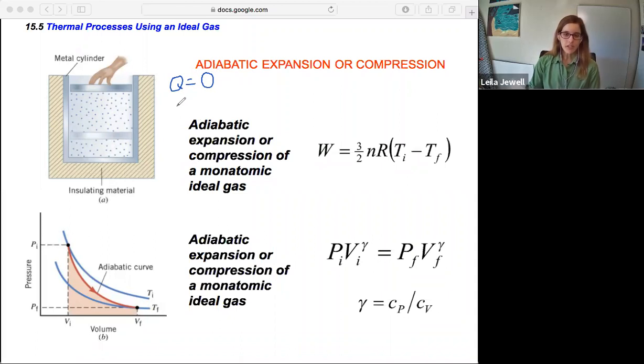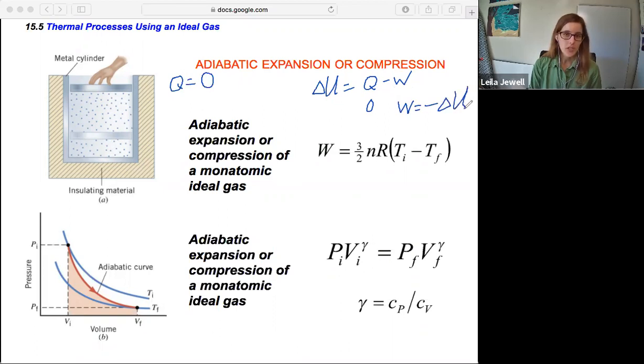So what does this look like in terms of the amount of work done then? Well, if we think back to our first law, change in internal energy is equal to Q minus W. If there is no heat, then we just find that the change in internal energy is negative work, or work is the negative of the change in internal energy.